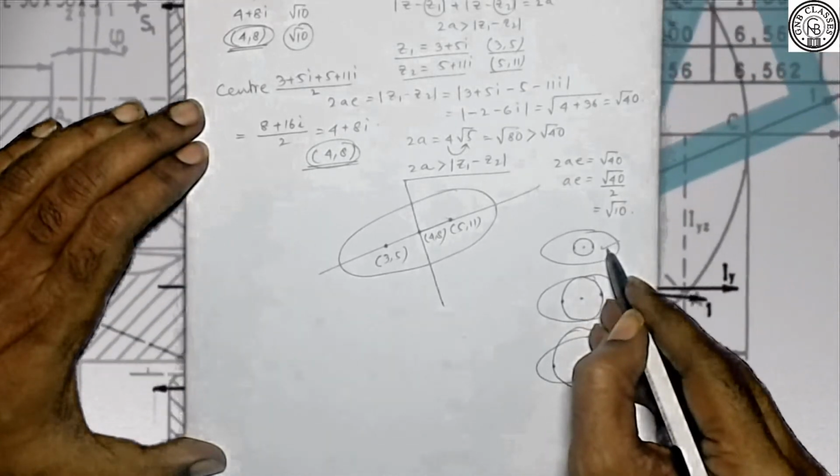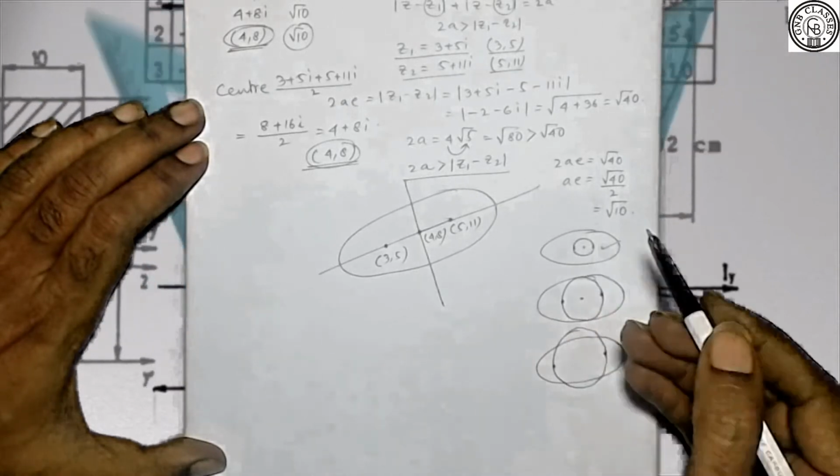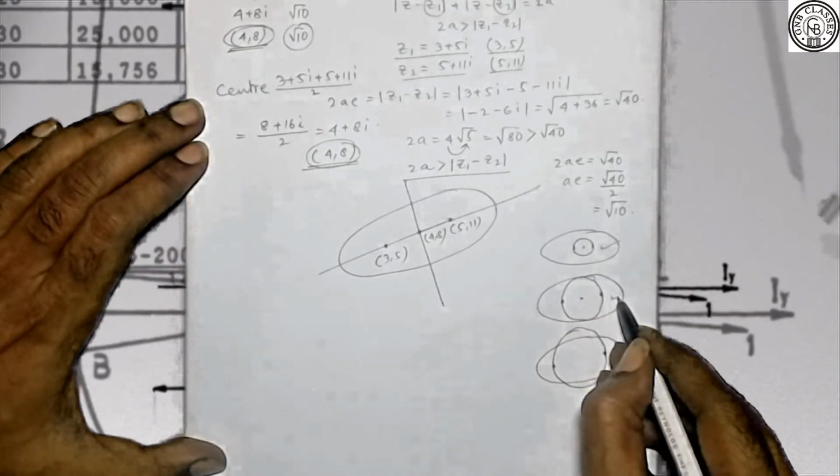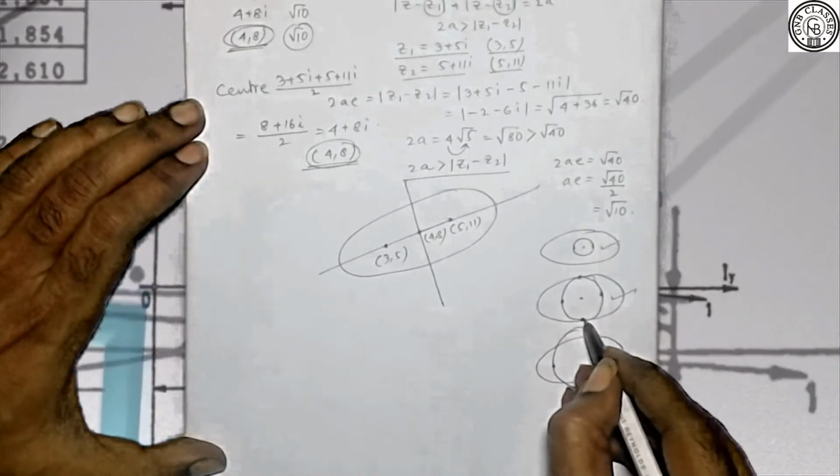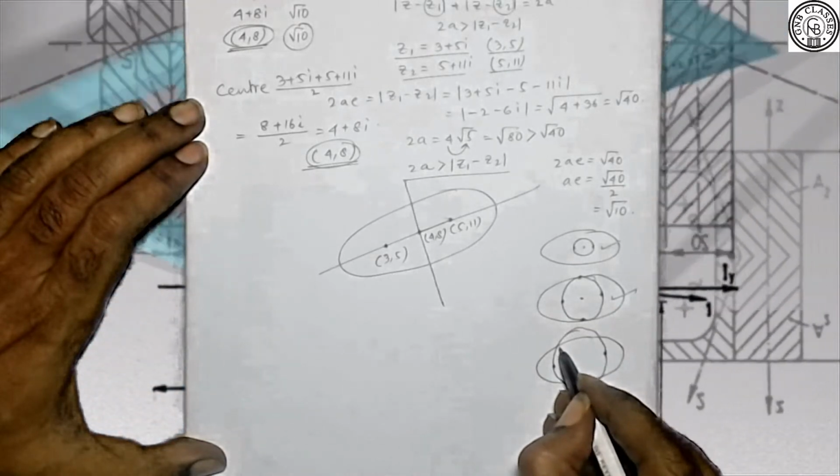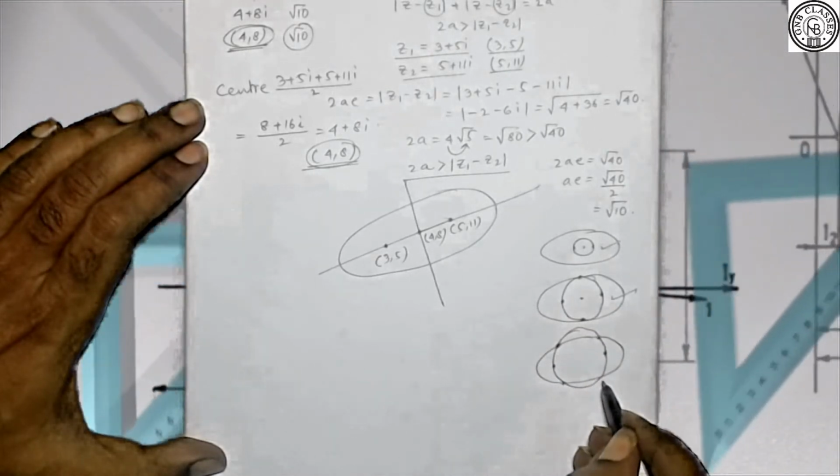So for the first one we will have no solution because there is no point of intersection. For the second we will have 2 solutions, and for the third we will have 4 solutions. Tell me yes or no.